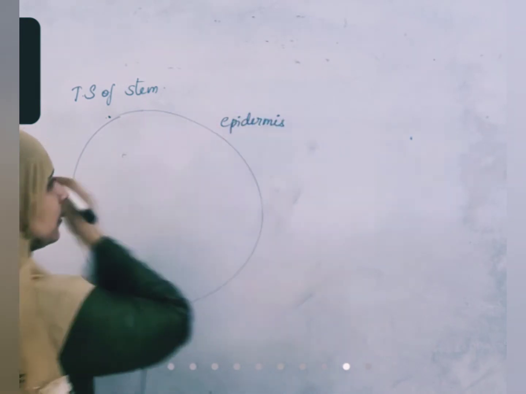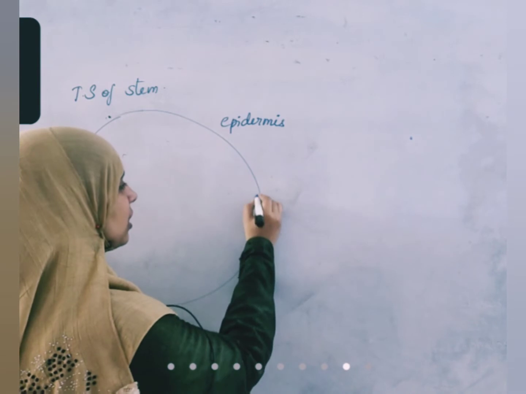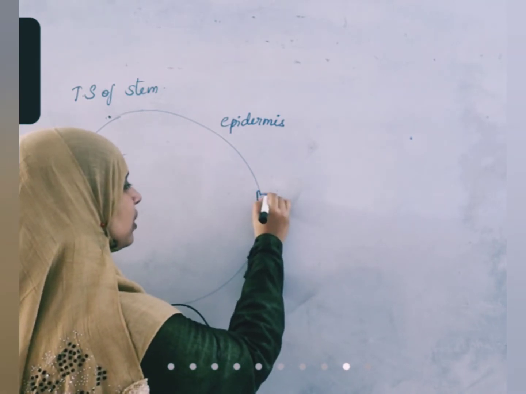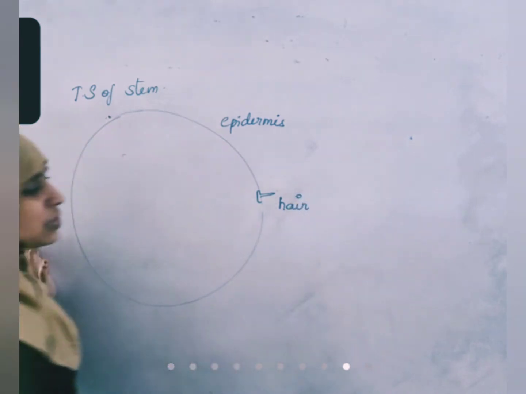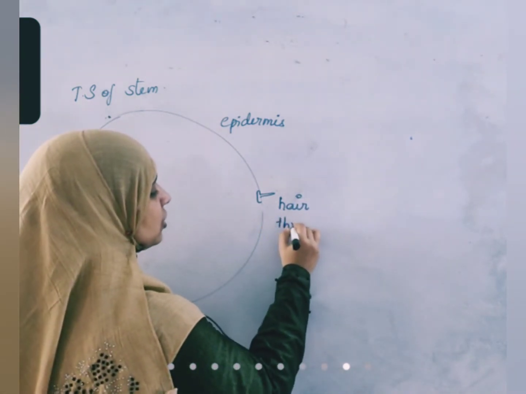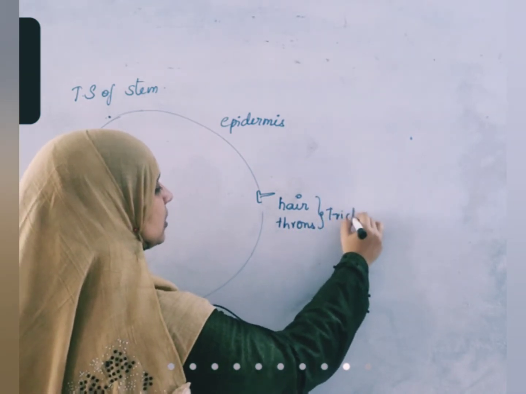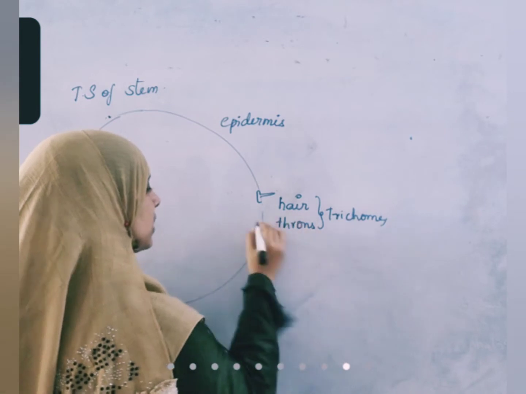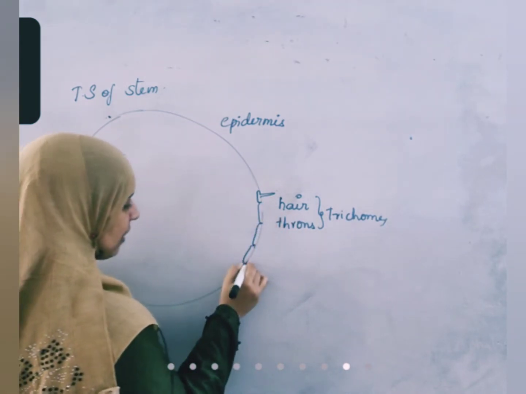Epidermis in stem has modifications. The outermost cells have modifications called hair. Sometimes stems have hair-like or thorn-like structures. Whatever it is, they are called trichomes. Trichomes are present on the outermost epidermal layer.